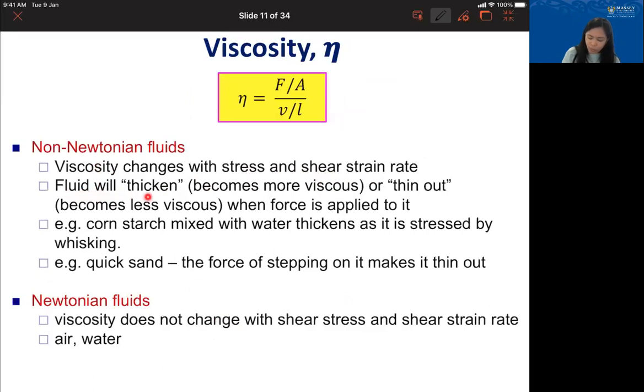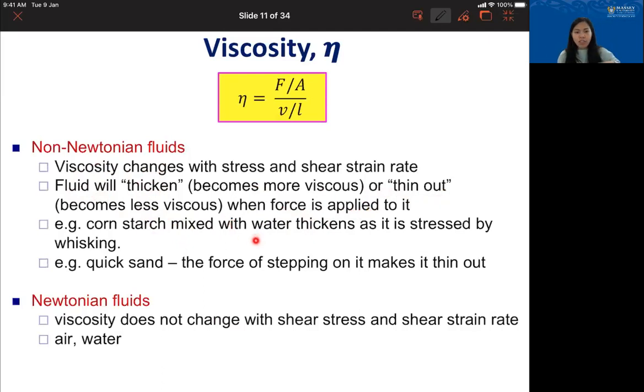This means that because the viscosity changes, the fluid can thicken or become more viscous, or the fluid can thin out or become less viscous, when stress or force is applied to it. A good example of that is when you're baking and you mix flour or cornstarch with water.